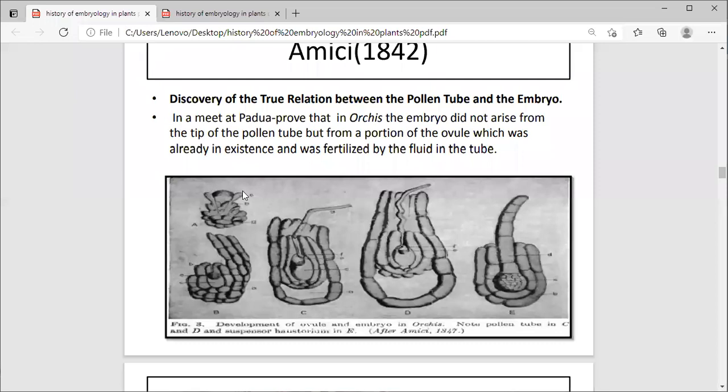So what he found out is that pollen tubes are not themselves responsible for fertilization, but the fluid that the pollen tube carries is responsible. That means it contains a particular kind of material or some kind of gamete that is responsible for the fertilization.